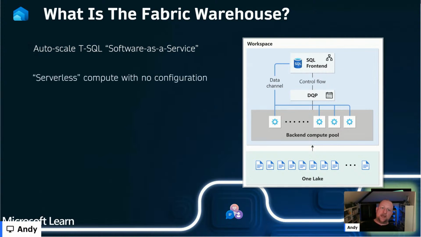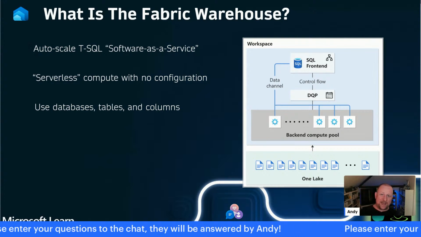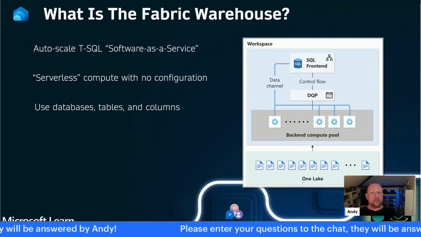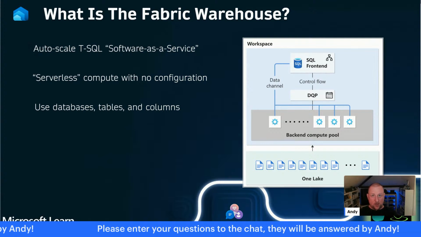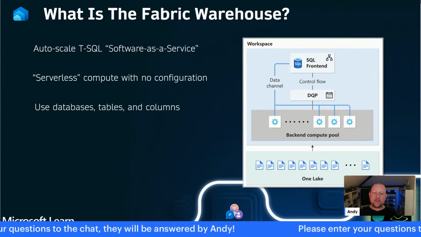But the way the Fabric Warehouse works is that it's auto scale. So essentially, when you issue a SQL command, this DQP, this query processor, ultimately decides how much compute do we need to be able to run the SQL command that's been sent to the warehouse service.